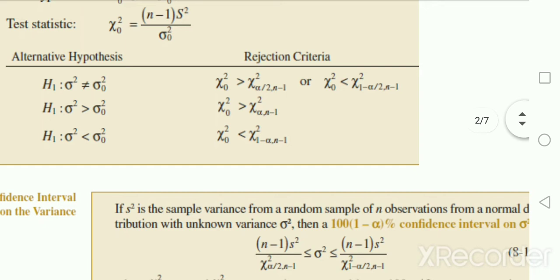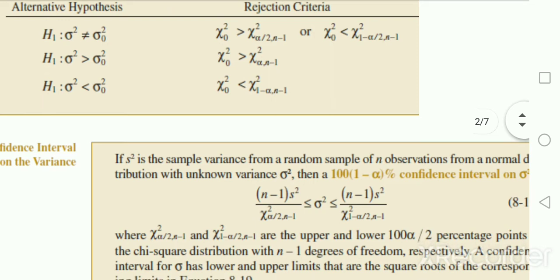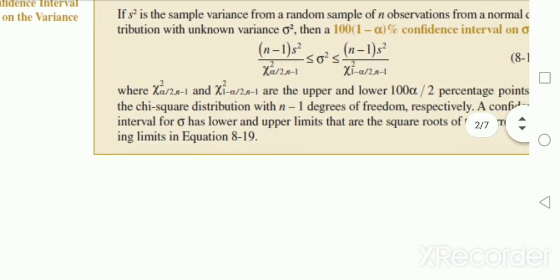So the confidence interval is n minus 1 s squared divided by chi-squared alpha by 2 comma n minus 1, less than or equal to sigma squared, less than or equal to n minus 1 s squared divided by chi-squared 1 minus alpha by 2 comma n minus 1 for the left side. This is for the two-sided alternative hypothesis. For the one-sided case we take that side only. Next we see an example problem.